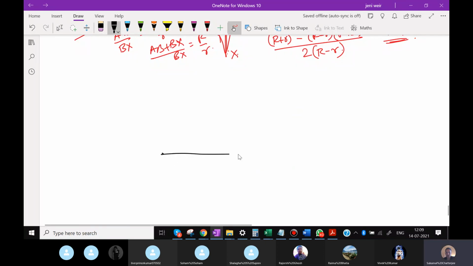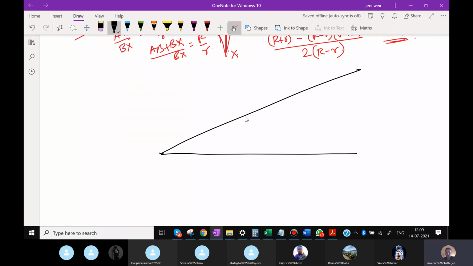So if you draw it like this, then this is your circle 1.